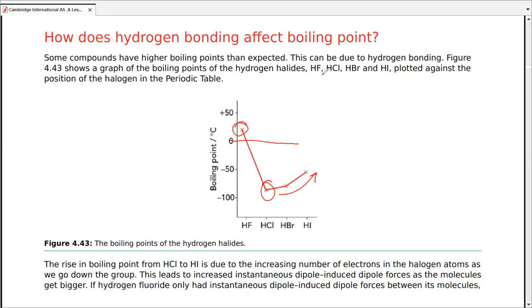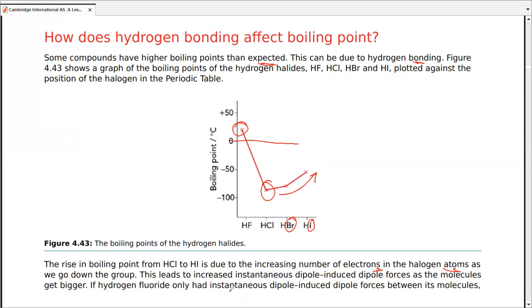Let's explain that. The higher boiling point can be expected. This is due to hydrogen bonding in HF. As far as HCl, HBr and HI are concerned, the boiling point actually increases instead of decreasing, due to the number of electrons present in halogen atoms as we go down the group, such as Br or I. This leads to bigger ID-ID forces.